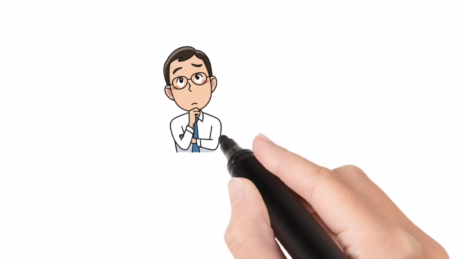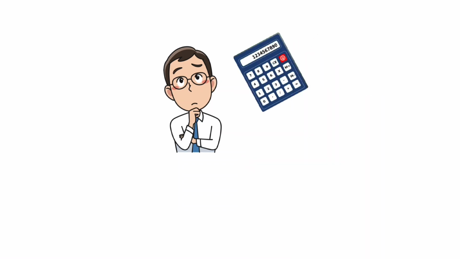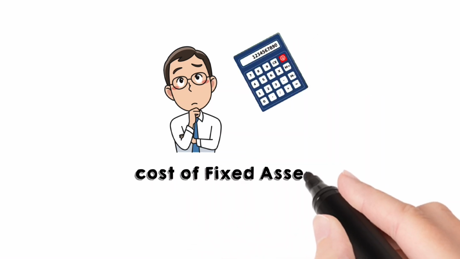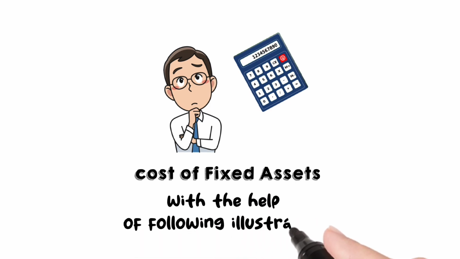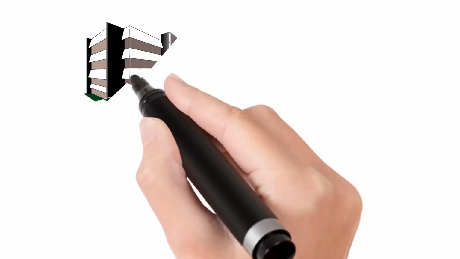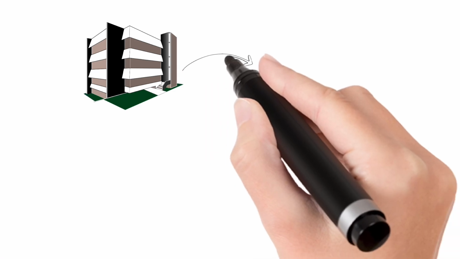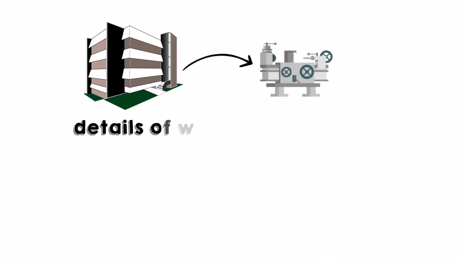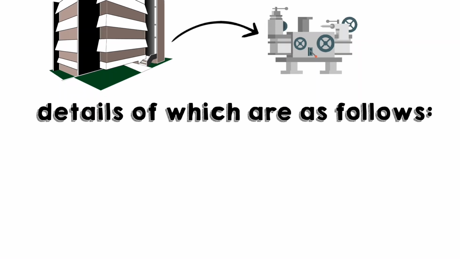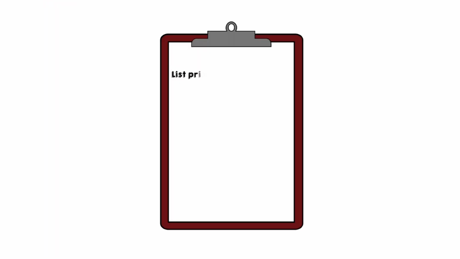Let us understand the calculation of cost of fixed assets with the help of the following illustration. Arena Industries acquires a machine, details of which are as follows. List price $40,000. Trade discount $1,500.